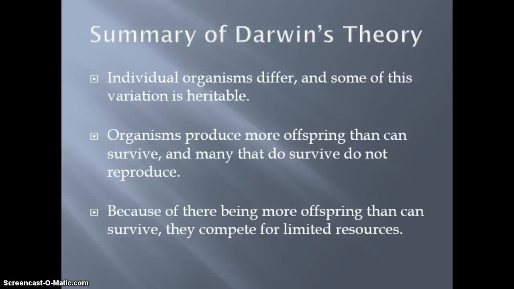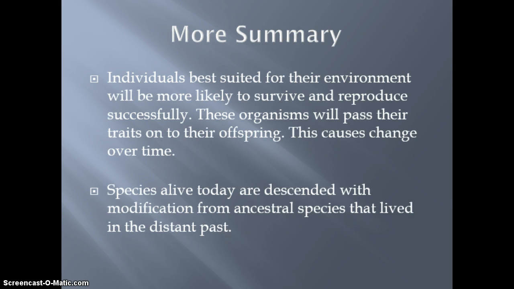So this is the idea that there's competition, and because there's competition, many are not going to survive, and some that do survive maybe don't even have the opportunity to reproduce. Because more offspring are produced than can survive, there's competition for limited resources, and because of that competition, that's where we get into the genetic side of things and the inherited traits.